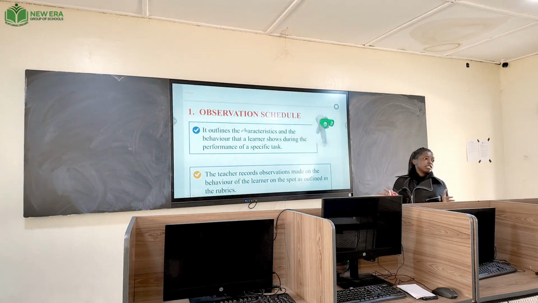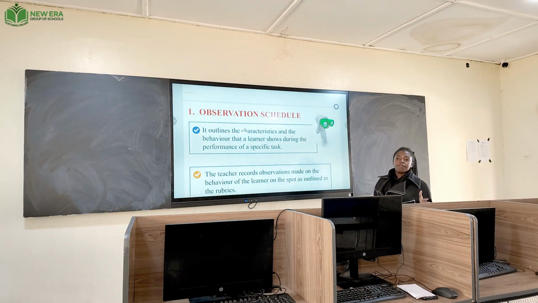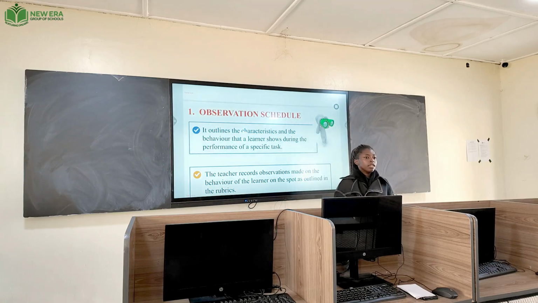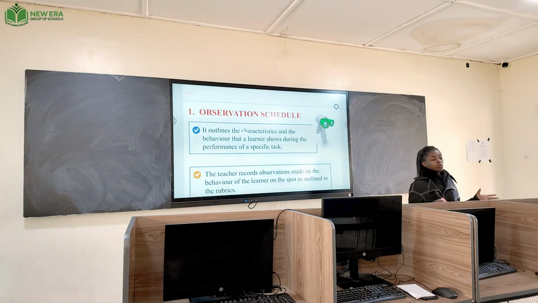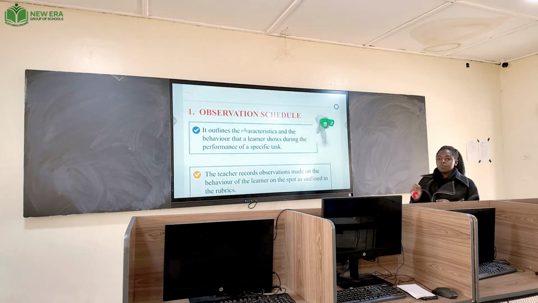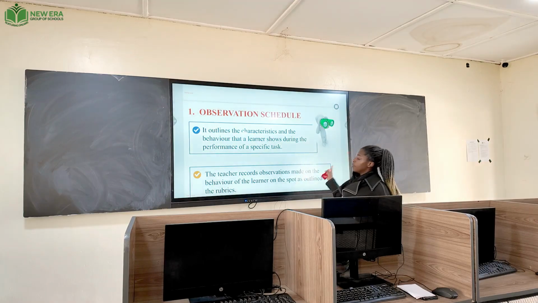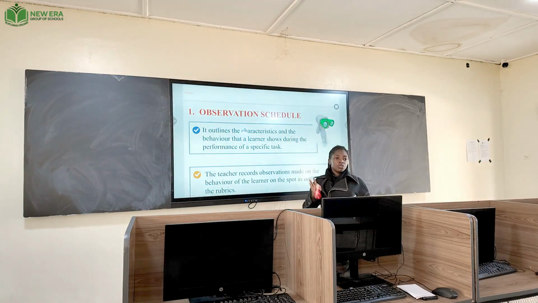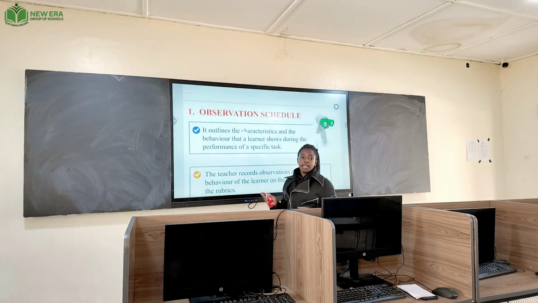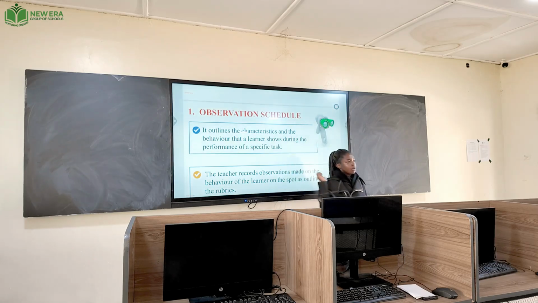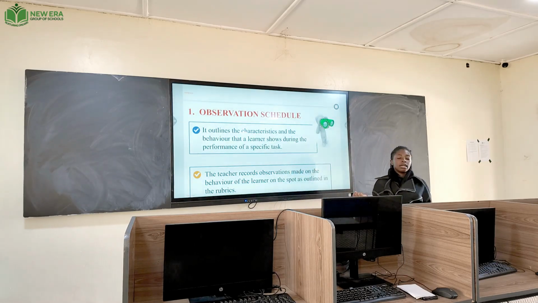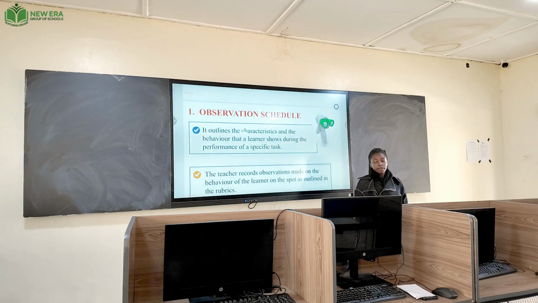For example, in creative art, if you have something like throwing a javelin, you can take them to the field, guide them on the appropriate ways, and then observe the key competencies the learner has met. Then you can write down if the learner is able to throw it, if the learner is able to grip it properly, if the learner is able to understand the rules of the game.